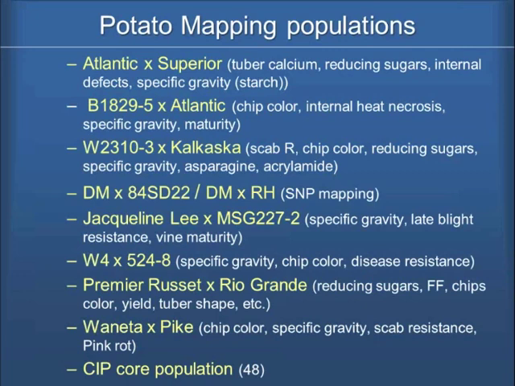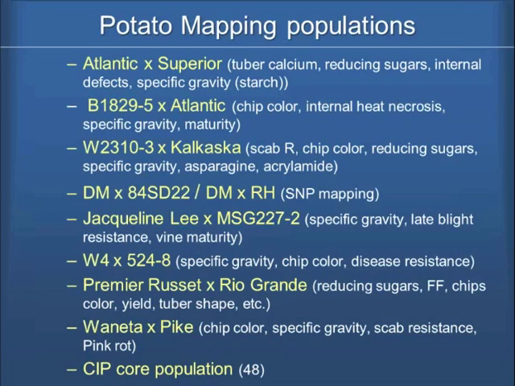We have a chipping population, Wisconsin 2310, which has been named Tundra, by Kalkaska. I'm going to jump over this one for a moment. We have another tetraploid cross between Jacqueline Lee and MSG 227 for late blight resistance. And then Walter has a tetraploid population, Juanita by Pike, which offers us also some chip processing.